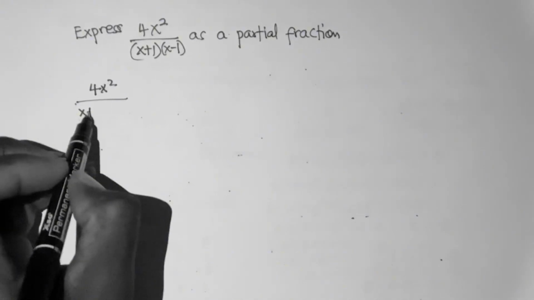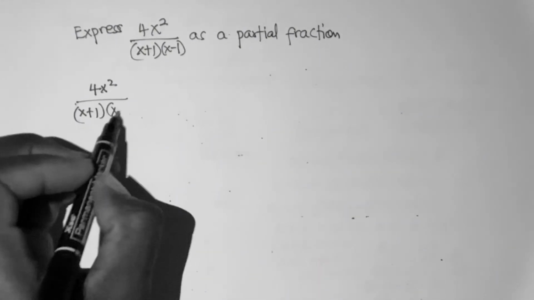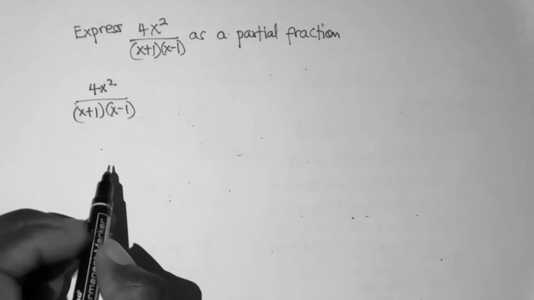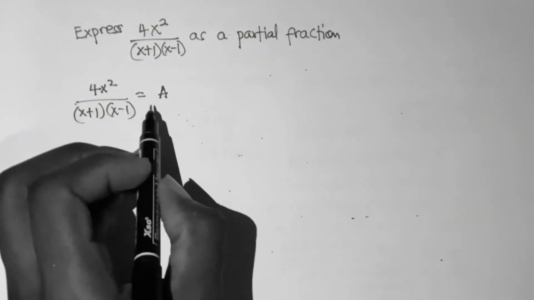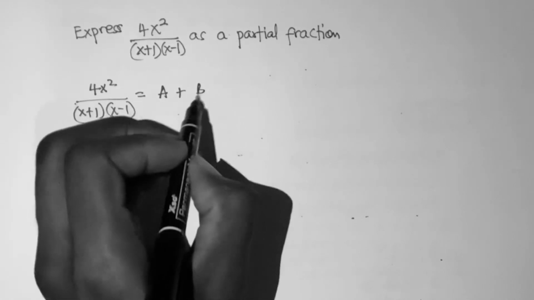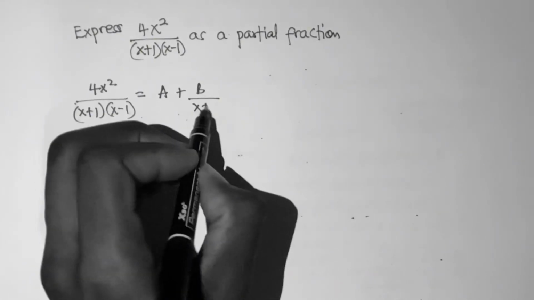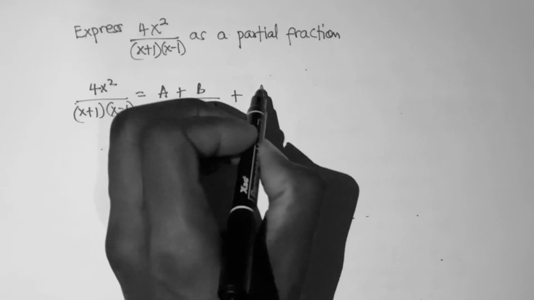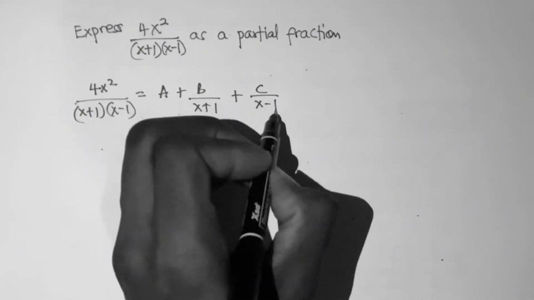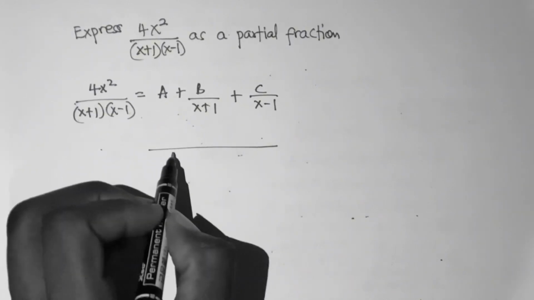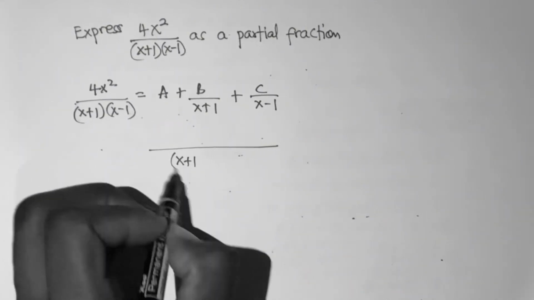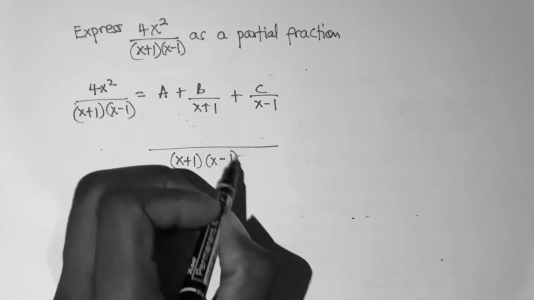And therefore 4x squared divided by x plus 1 times x minus 1, expressed as a partial fraction, is going to give us a certain constant A, plus another constant B divided by x plus 1, plus another constant C divided by x minus 1. So let's find the LCM here. The LCM is x plus 1 times x minus 1.